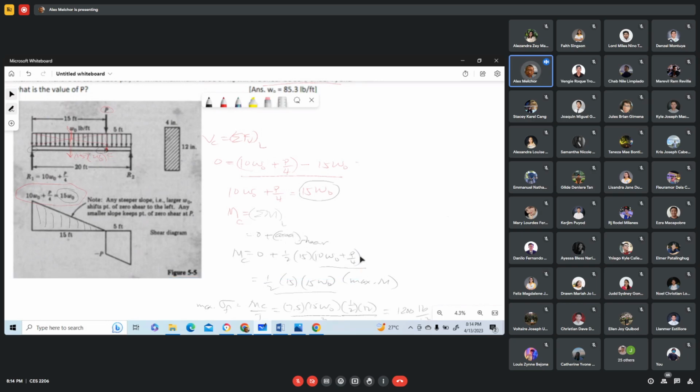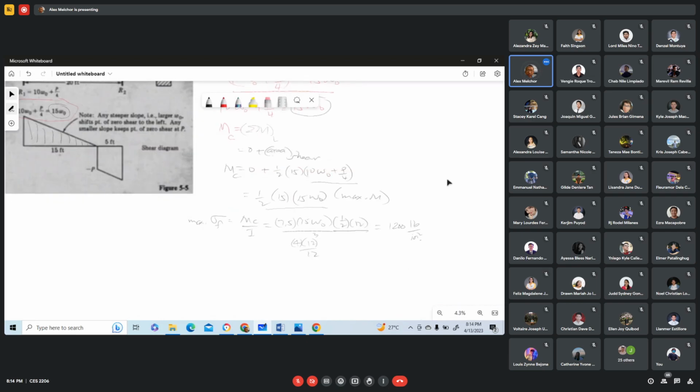So this will be in foot pounds. We multiply this by 12 because this is in foot pounds, so I still have to multiply this by 12.